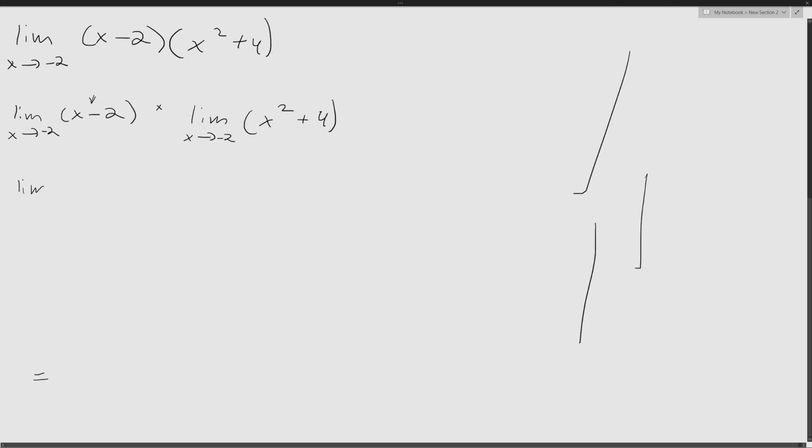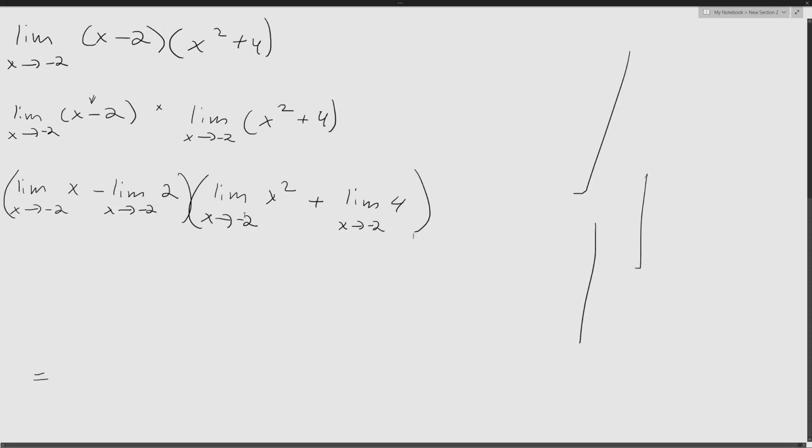So our left hand side will be the limit as x approaches -2 of x minus the limit as x approaches -2 of 2. Again, this all will be multiplied by this side, which would be the limit as x approaches -2 of x squared plus the limit as x approaches -2 of 4.